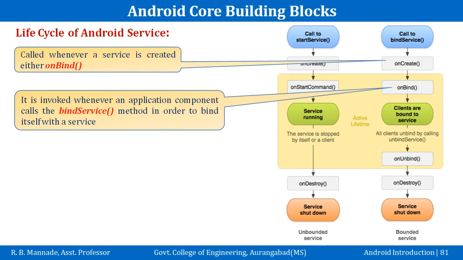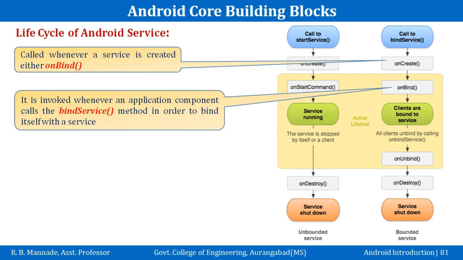There may be another activity that wants to bind itself with this particular bounded service, and that activity will call the onBind function. When this onBind function is called, it will call the onCreate function, and after calling the onBind function, the clients are bound to the service. Okay, there may be one client or more than one client as well, right?